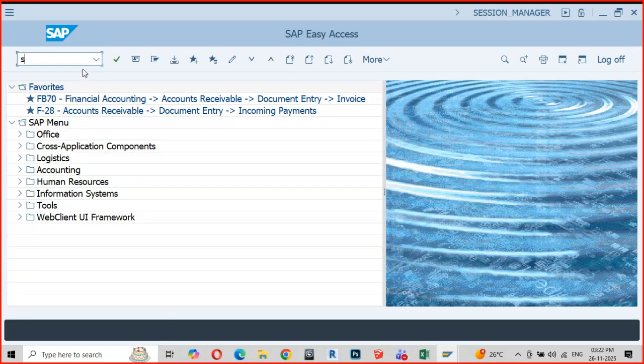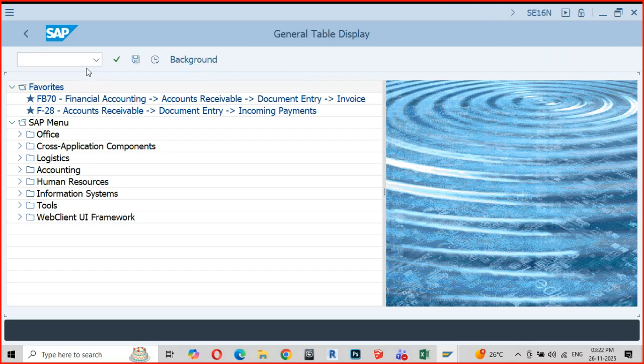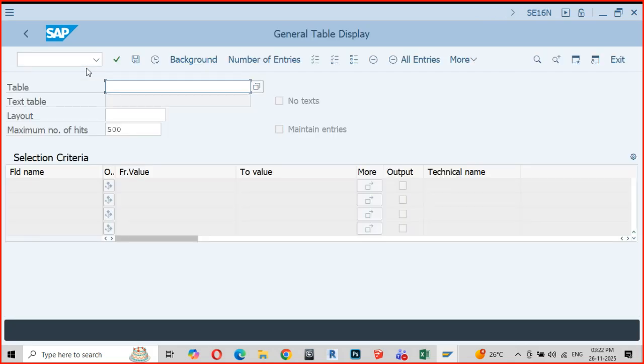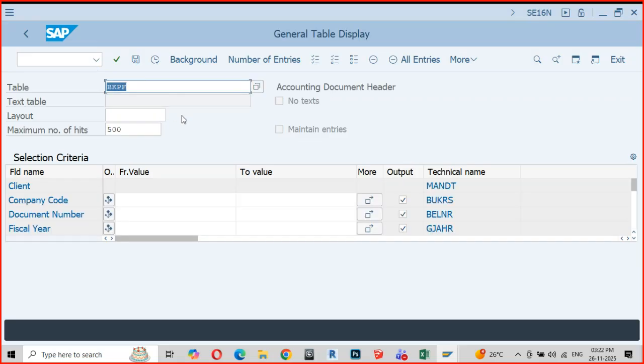So how would a table look? I would give the table BKPF, enter, execute.